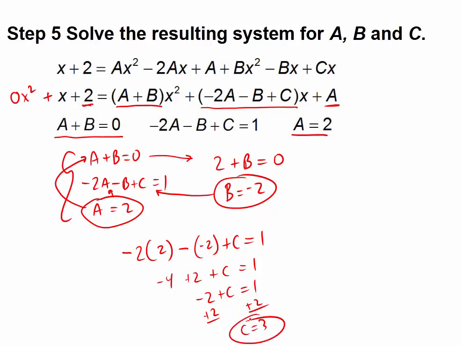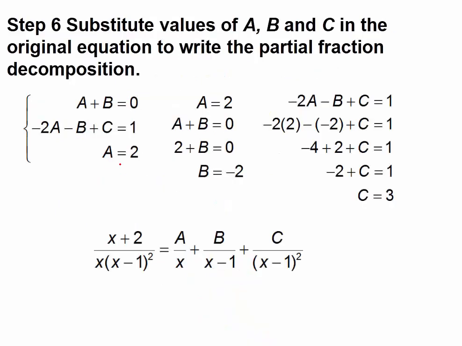All right. Now that I've solved my system of equations, I'm ready to use those values to go ahead and write my partial fraction decomposition. So we know a is 2, b is negative 2, c is 3. All we have to do now is substitute those values into our original setup to write the partial fraction decomposition.